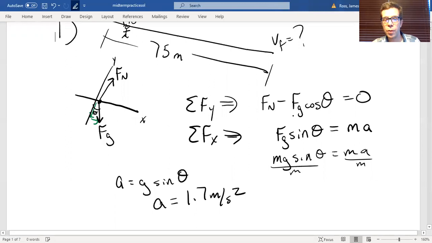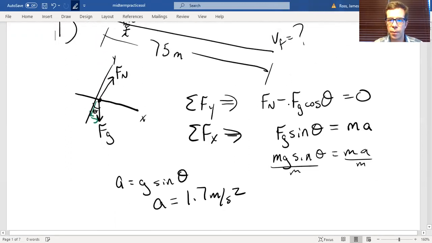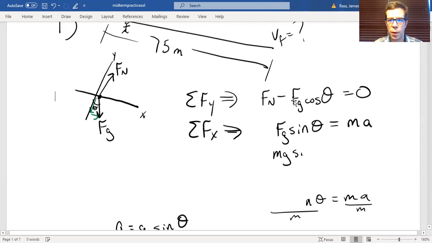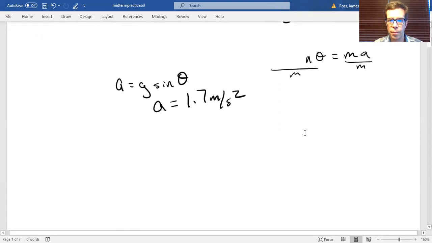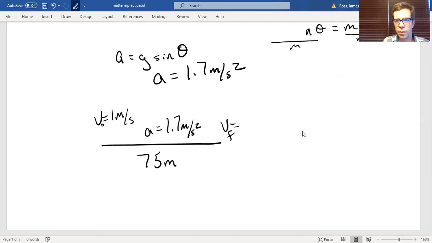All right, so now we need to do the kinematics to figure out what the question was actually asking, right? Let's do that. In the kinematics, we're going 75 meters with V naught equal to 1, A is 1.7, and we're looking for V final.